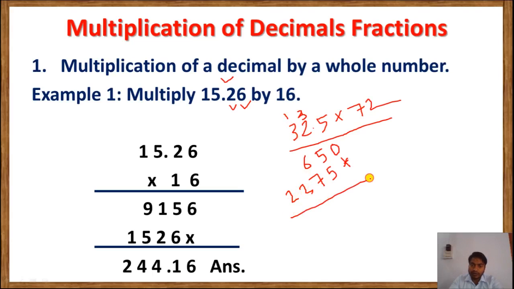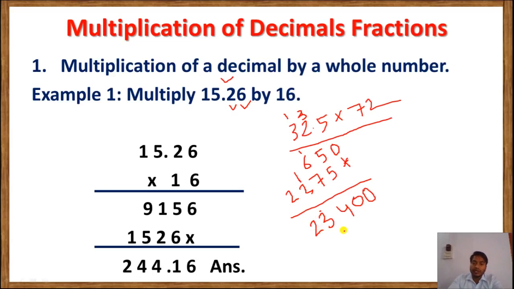Now finally we have to add. So 0, 5 plus 5 is 10, we'll write 0 and 1 carry for this. Now 6 plus 1 is 7, 7 is 14, 4 we will write here and 1 carry for this column. Then 2 plus 1 is 3. Now here 2. Now this is the addition.